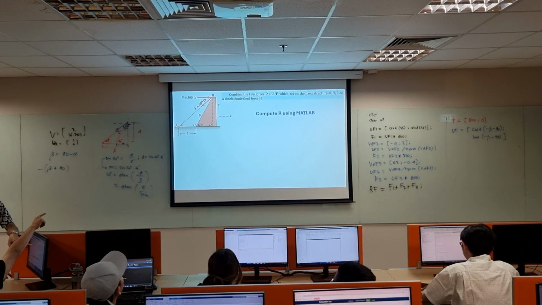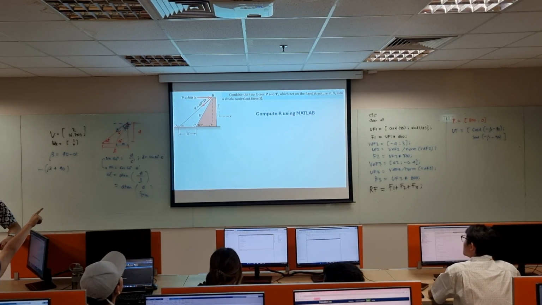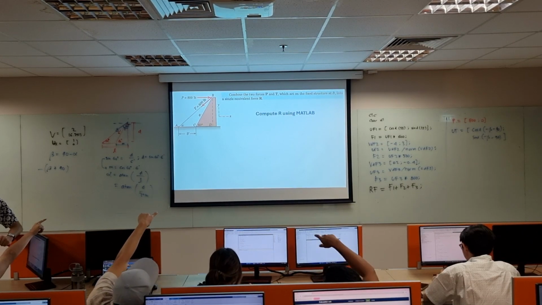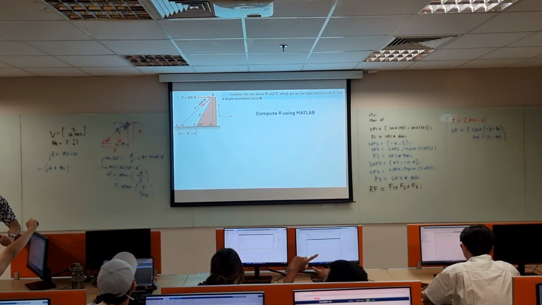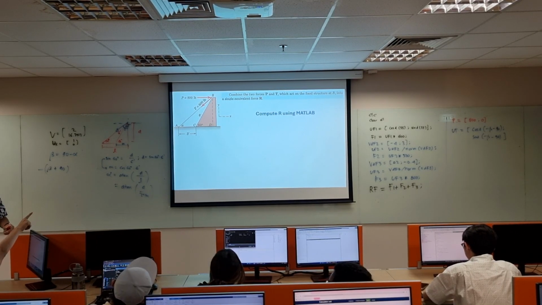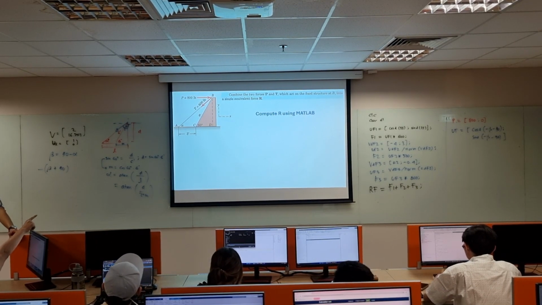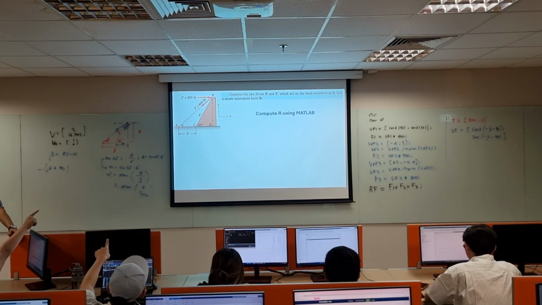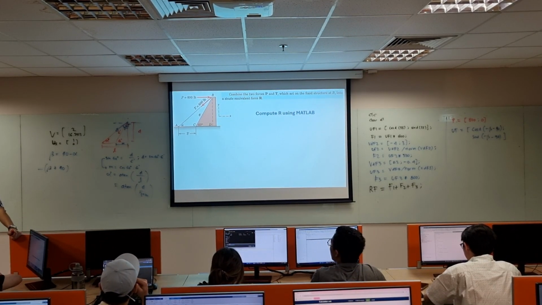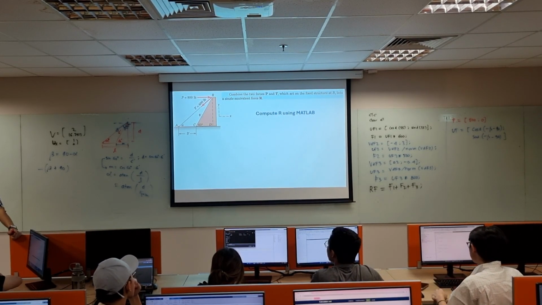No, I'm using cosine rule to find the triangle over there, and then you find an angle using sine rule again, and I find the other angle by 180 minus the alpha, and then I use this cosine rule to find the resultant, as a parallelogram.